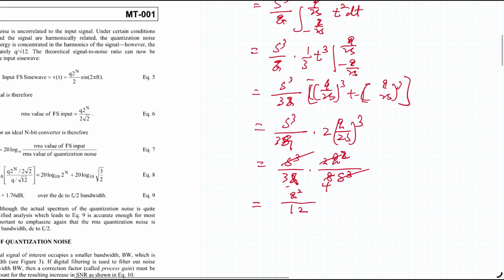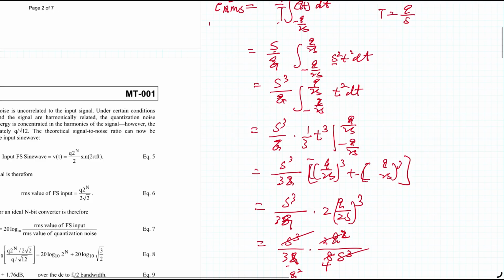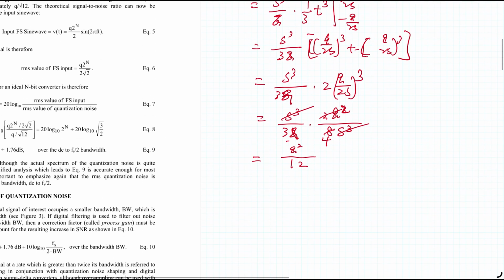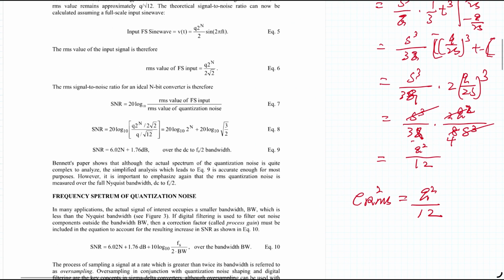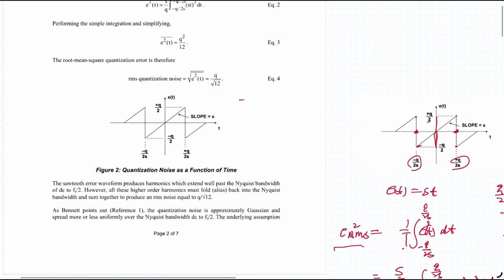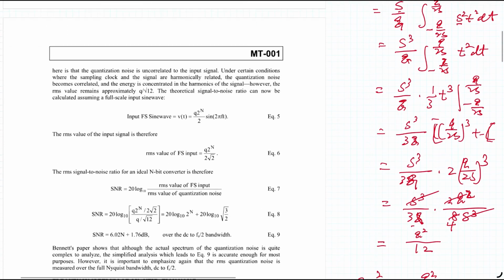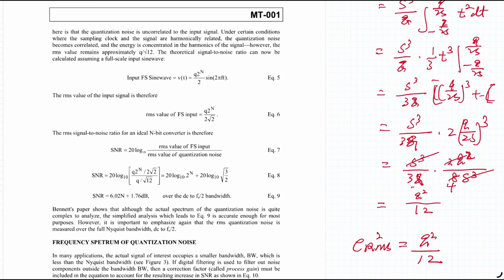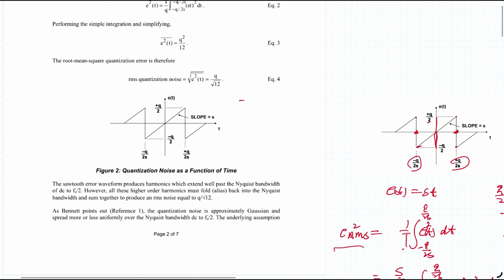Okay, and now we know the RMS value squared of this triangular wave is q squared over 12. So if we take the squared RMS value, q squared over 12, and go back to here, the RMS quantization noise, the square root of that, is q over square root of 12.